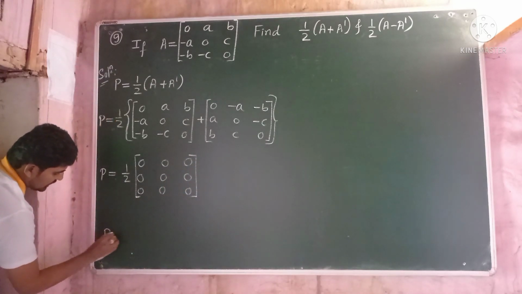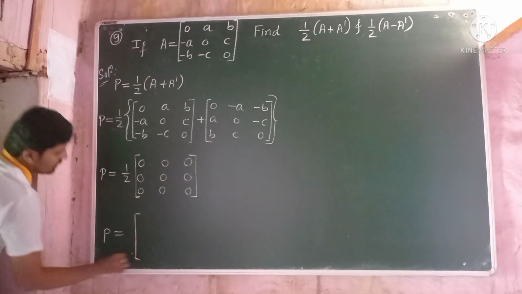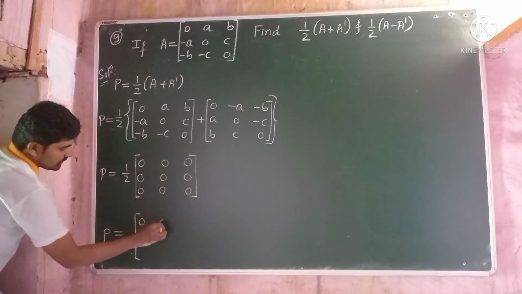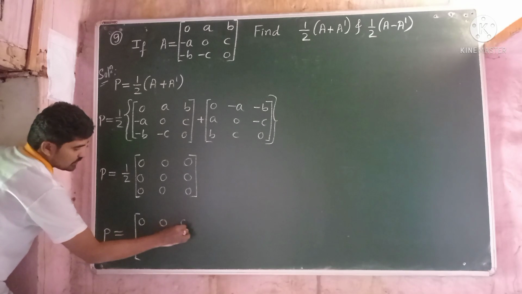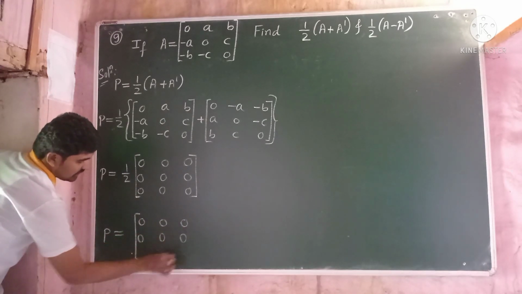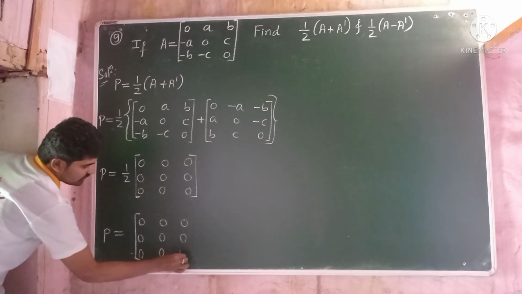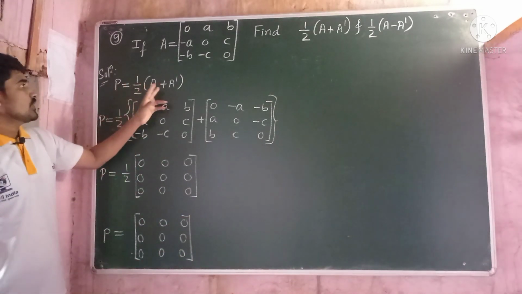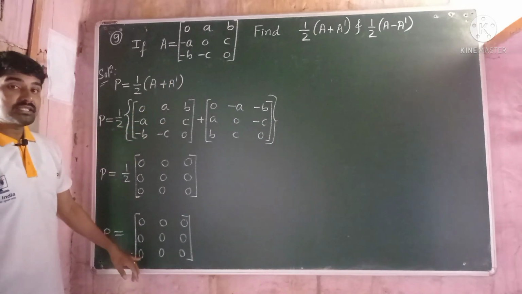Therefore matrix P equals 1 by 2 into the zero matrix, which is the zero matrix. Therefore the required 1 by 2 into A plus A dash is a zero matrix.